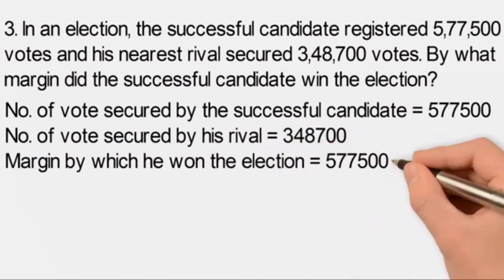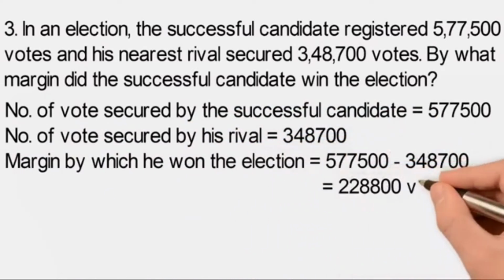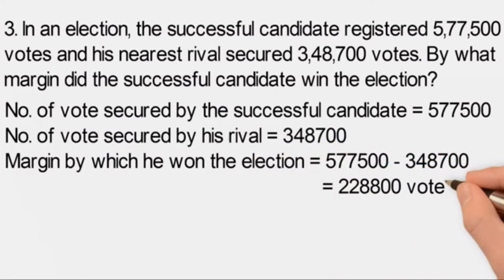Margin by which the candidate won the election. So we have to find the difference again. I am repeating here. 5,77,500 minus 3,48,700. So the difference is 2,28,800 votes. That is, the successful candidate won by 2,28,800 votes.